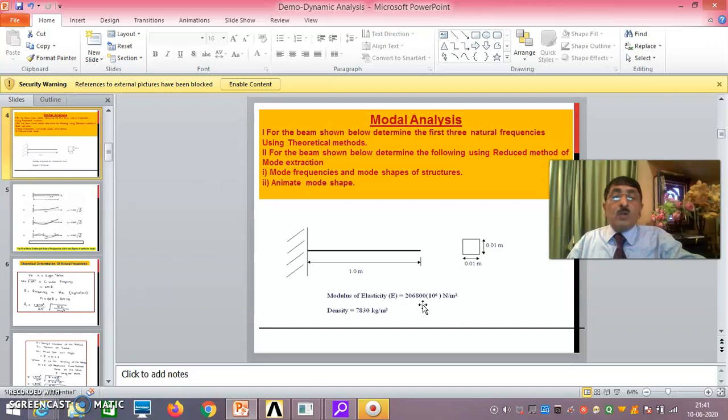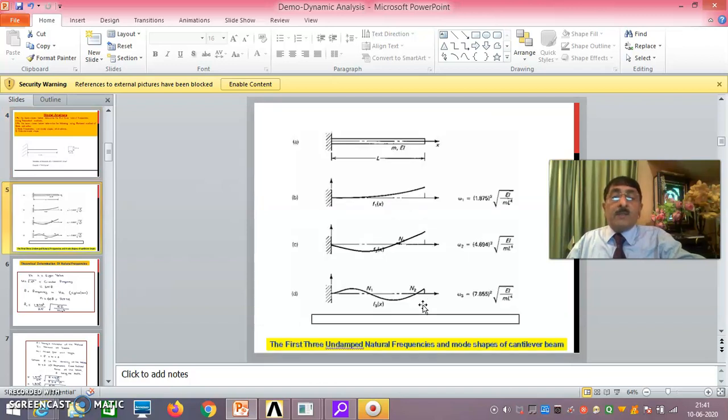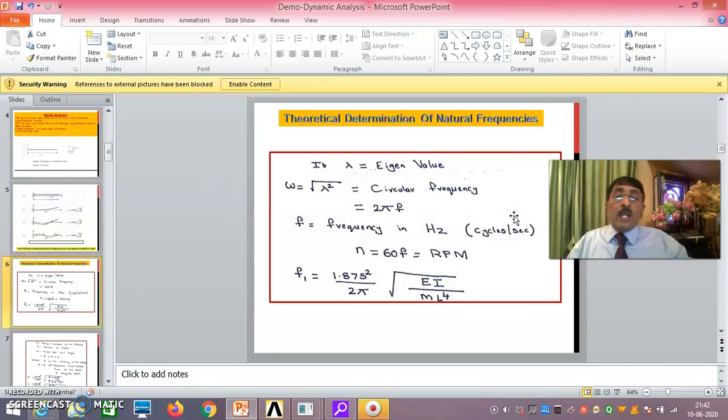Now I'll tell you how to do this by theoretical methods. I told you this is the formula. This you get in radian per second. If you want it in cycles per second or hertz, we divide by 2 pi. Lambda is the eigenvalue. The circular frequency is omega equals 2 pi f, where f is the frequency in hertz.